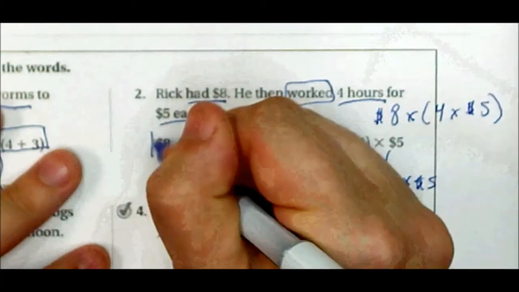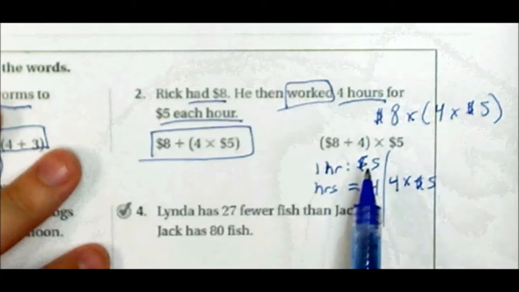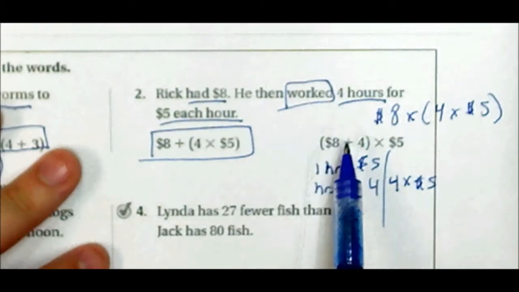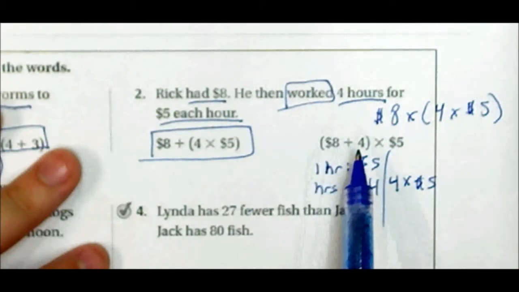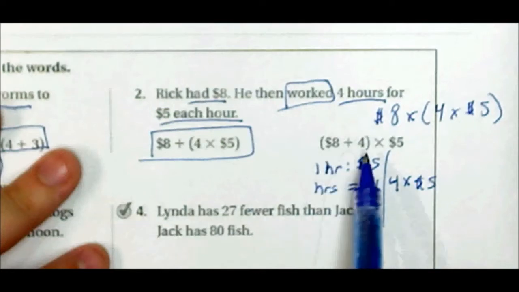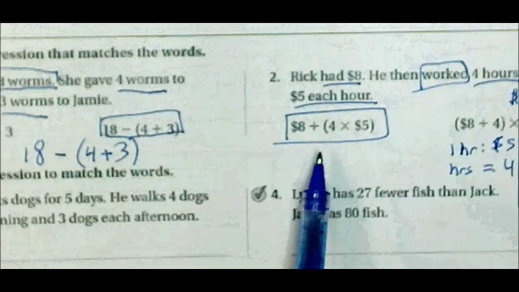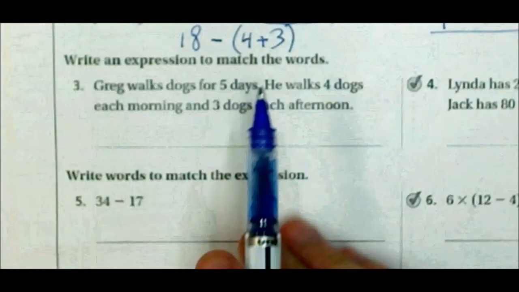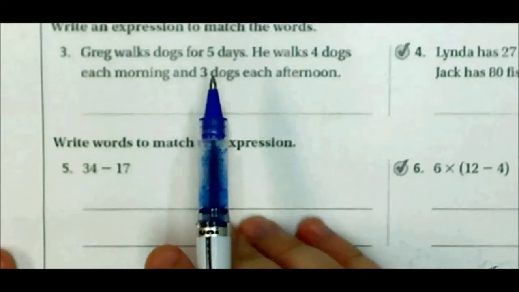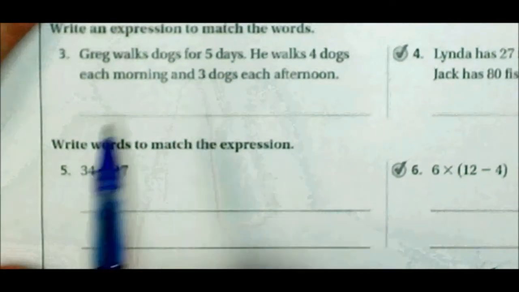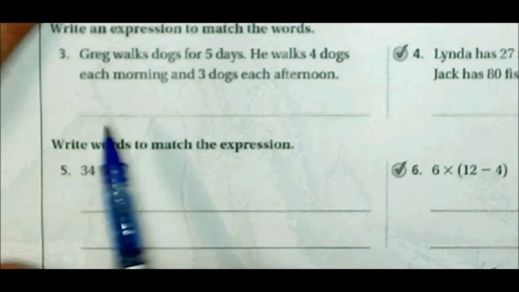And that's how I get this as my answer. Now this option doesn't even make any sense. I'm taking dollars and I'm adding it to the number of hours. That doesn't mean anything because it doesn't make any sense. But this one does.